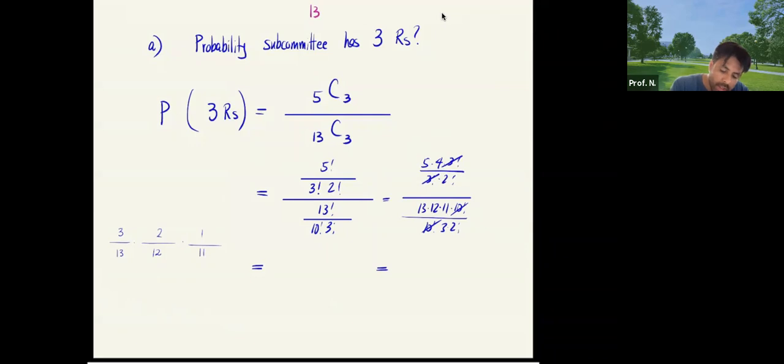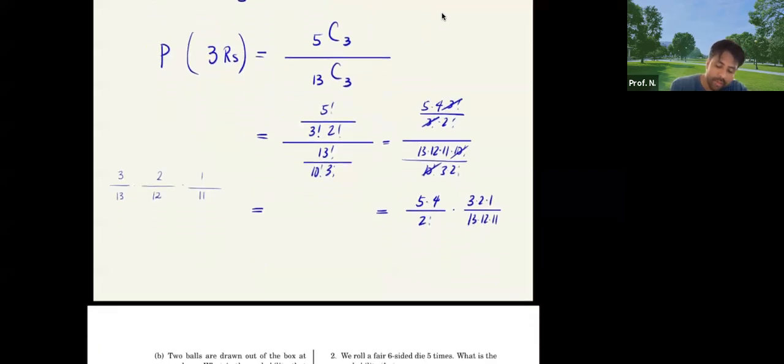I'm not dividing this part out yet. So this becomes 5 times 4 all over, sorry, this is 2 factorial, and then I'm multiplying by the reciprocal, right? So this is 3 times 2 times 1 over 13 times 12 times 11.